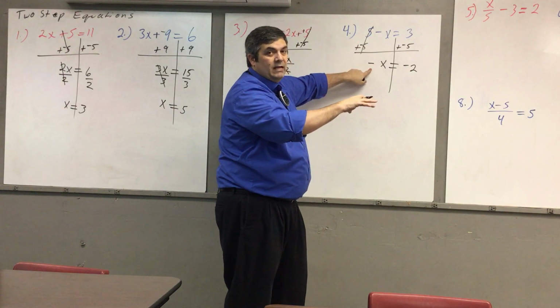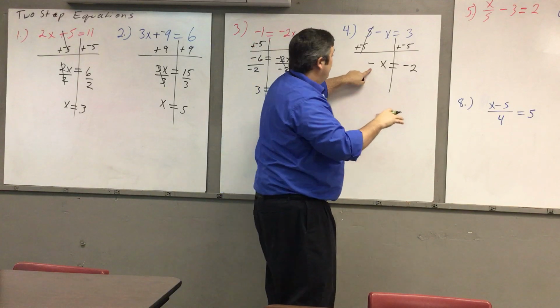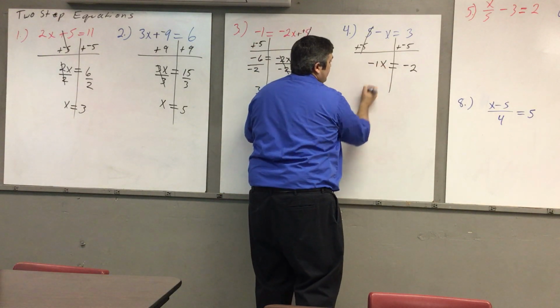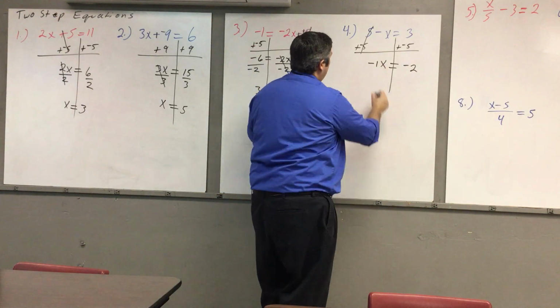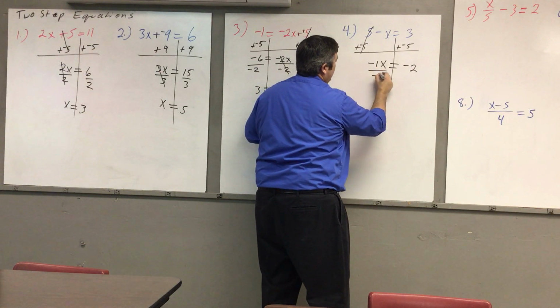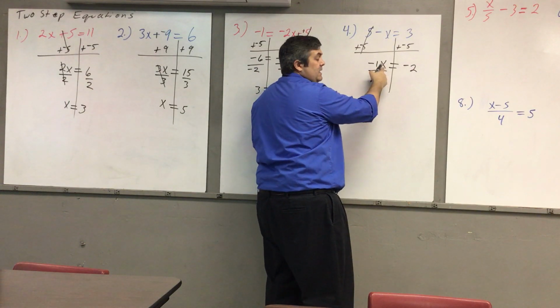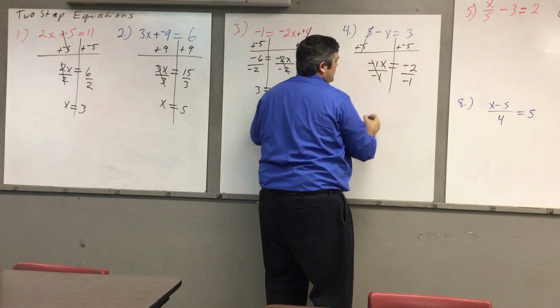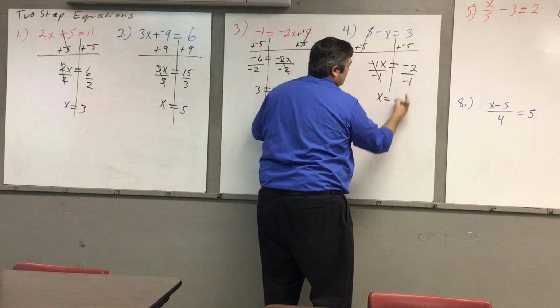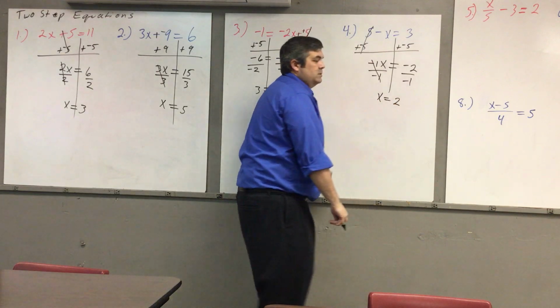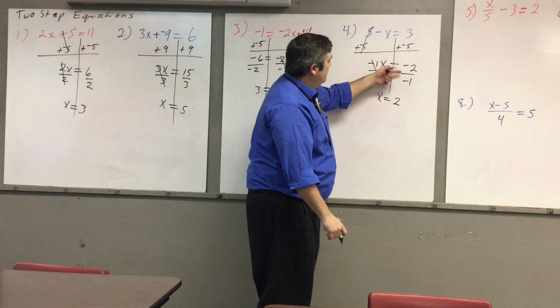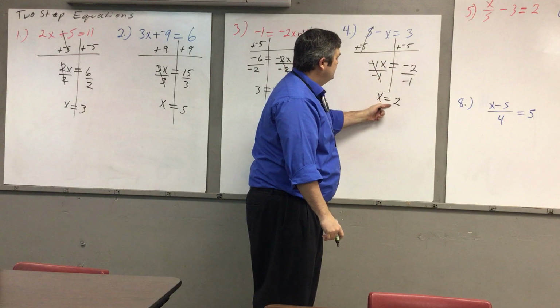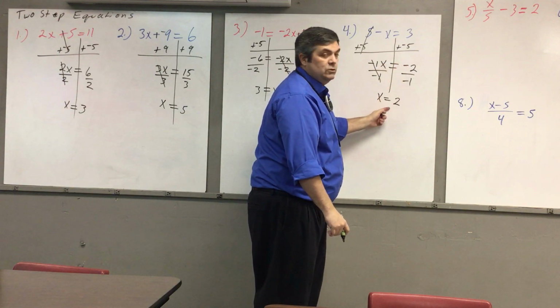Just like we did on that last one from my other video, we're going to put a 1 in front of it. And now we're going to divide through by this negative 1 here, because that negative 1 is being multiplied times that x. Divide by negative 1, divide by negative 1, they cancel out. X equals 2. Okay? Negative divided by a negative, positive, and 2 over 1 just gets you 2.